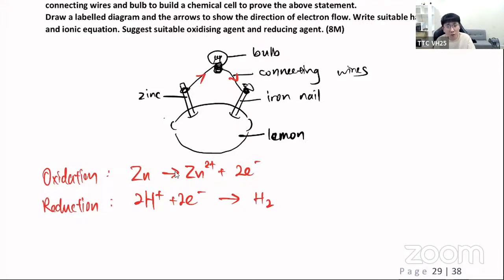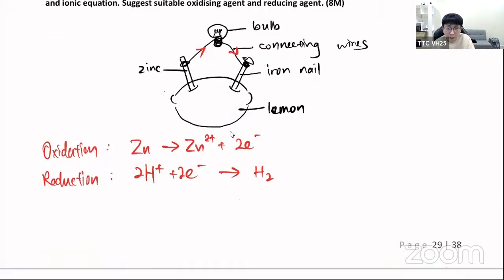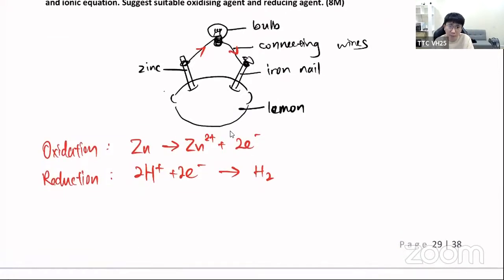So it's the zinc that donates electron, and the iron will gain the electron and pass it to the lemon. That's why when we do a voltaic cell, it's always one side corrodes, one side dissolves, the other side nothing happens. The solution something happens. So iron nail is technically here doing nothing, just to conduct electricity.